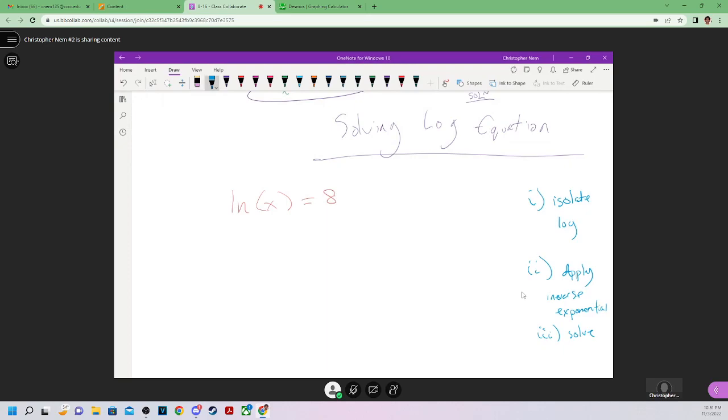We're going to be using the exponential function as the inverse. Remember, these are exponents at the end of the day. So what base for these exponents would be the inverse function?